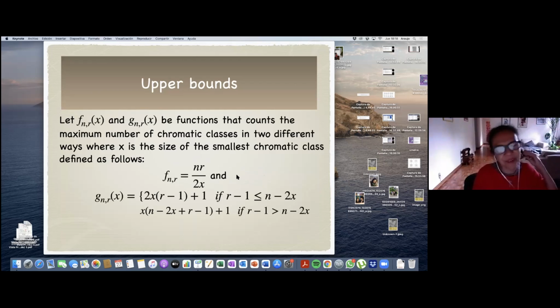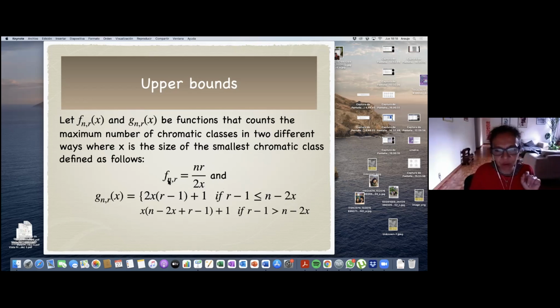And I will say something short here. If X is the smallest chromatic class, you have this number of edges over X, and you have one function, and here you have another function, and this function is calculating, if you have the chromatic classes with the smallest number of vertices, how many other chromatic classes can touch the smaller.